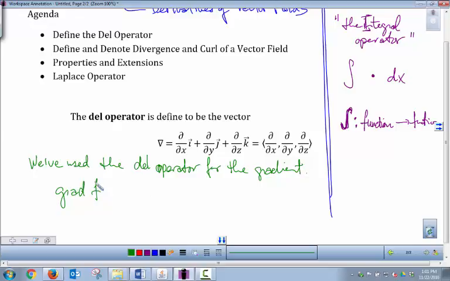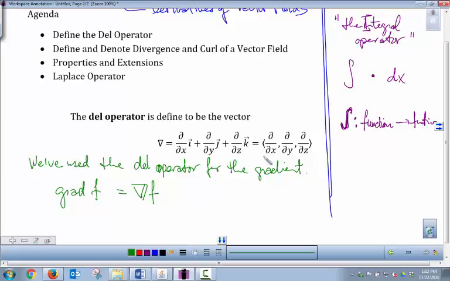And what we do is we take a scalar function that takes a two-dimensional or a three-dimensional vector into a one-dimensional point. And then we said grad f, and then we denoted it by the notation with this operator.